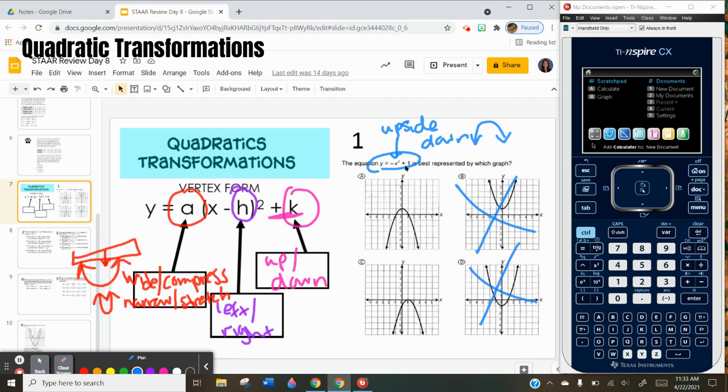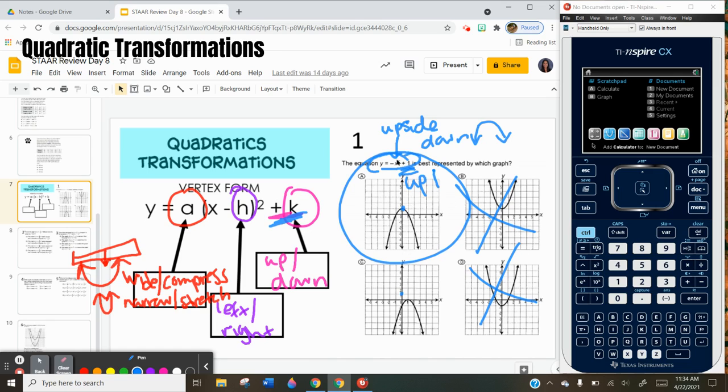The next thing is looking at the number that's being added to it. It says plus 1. When you're adding or subtracting to your x squared, it's going to move your graph up or down. So because it says plus 1, that means that it's going to move your graph up 1 unit. So that means my answer has to be A.